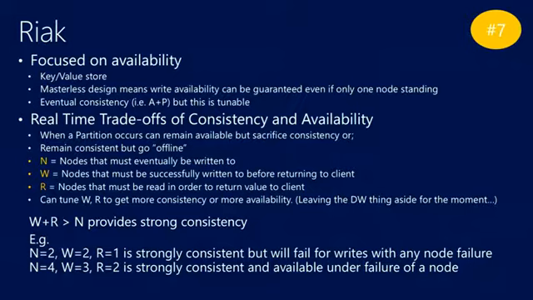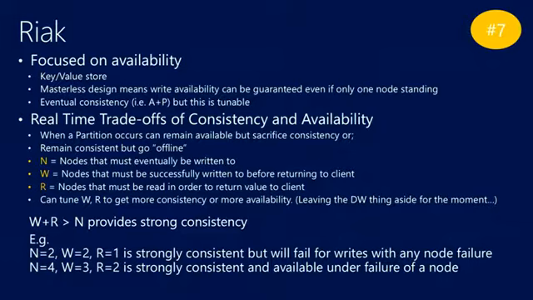All the database people in the room are going, isn't that what a database is? But actually, these things often sacrifice those strong consistency rules that you get with an ACID database. So if W plus R is greater than N, then we always get strong consistency.